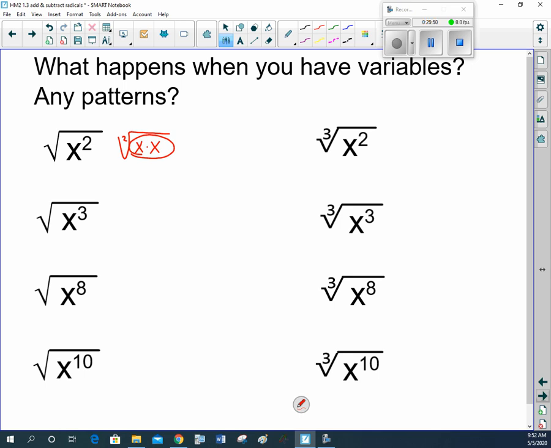So when you bring them out, though, you don't bring them out as x squared. You bring them out as what times what gives you that? Well, it's the x. So this one turns out to be x. So right here, if I was doing x to the third, this would be x times x times x. Well, there's two of them here. So that comes out as x square root of x.